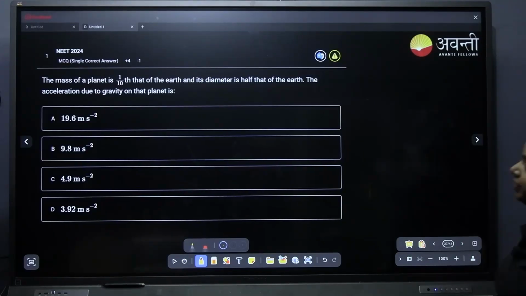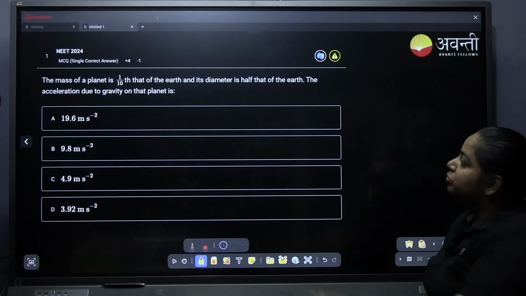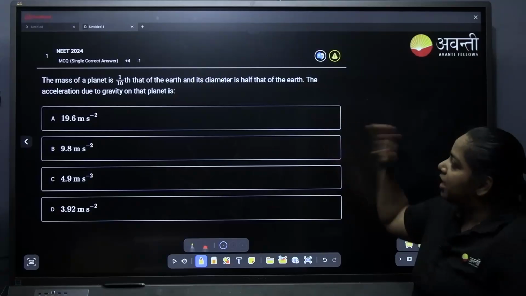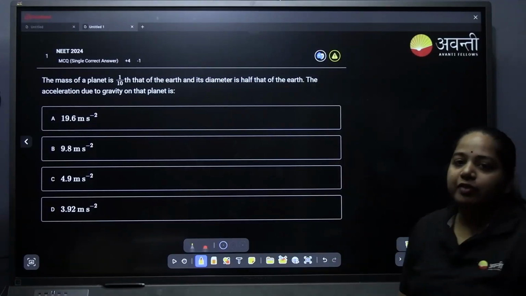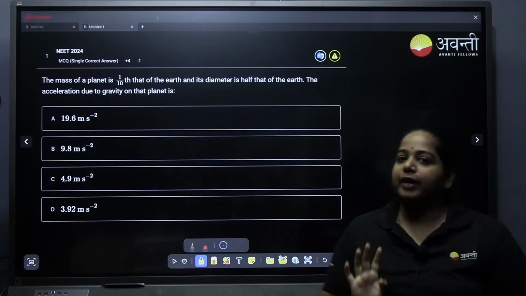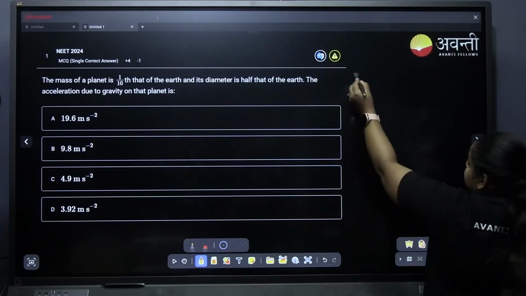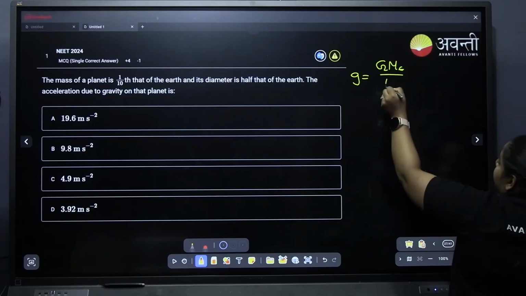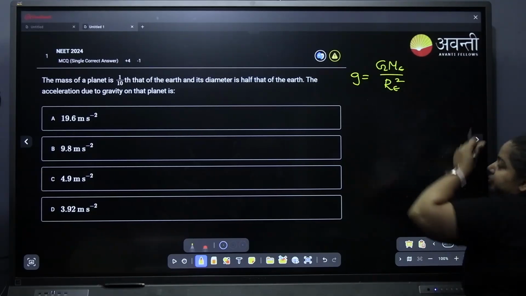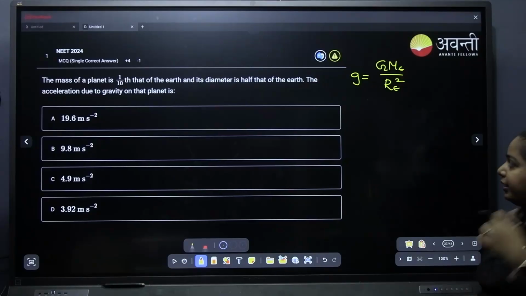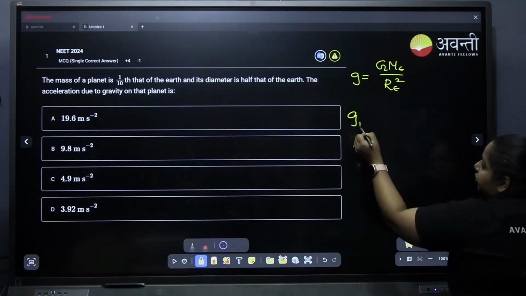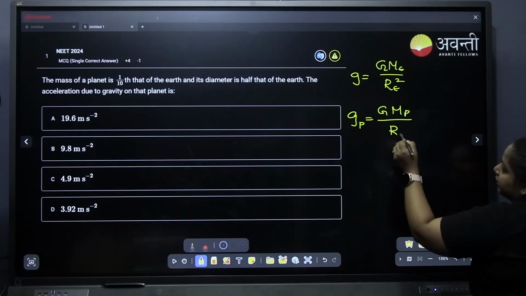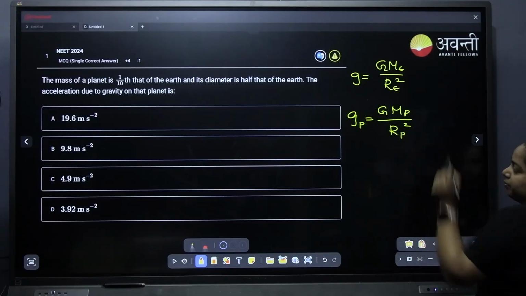Next one. Mass of a planet is 1 by 10th of Earth. Diameter is half of Earth. We have to find acceleration due to gravity on that planet. Acceleration due to gravity is G M by R square. At that planet, it will be G times mass of that planet divided by radius of that planet square.